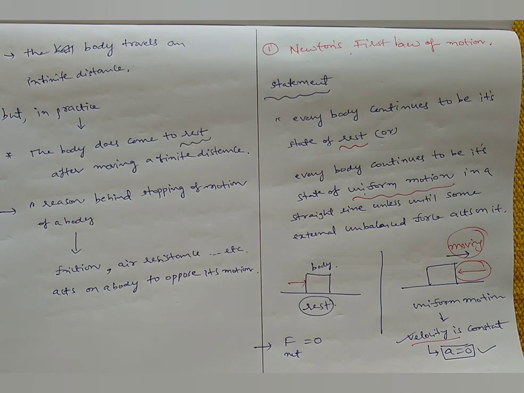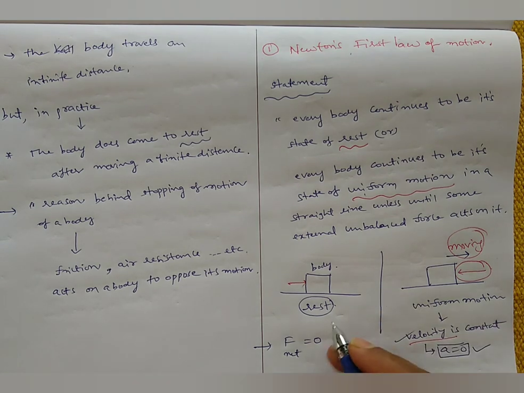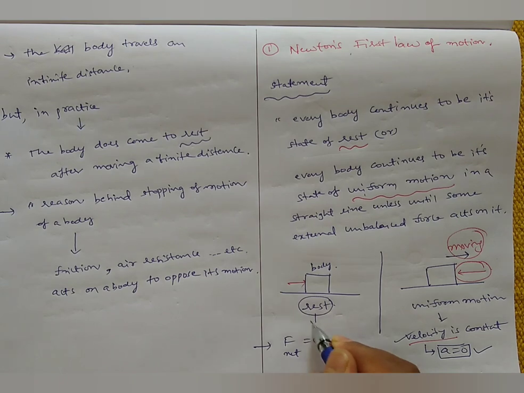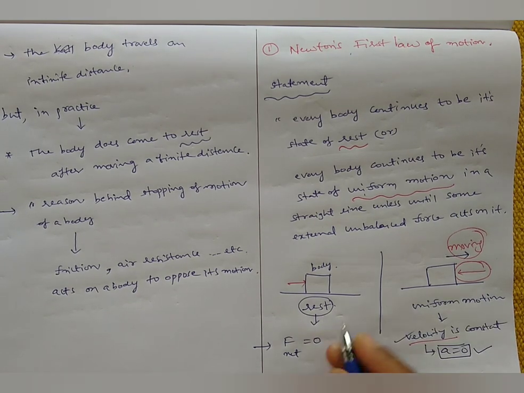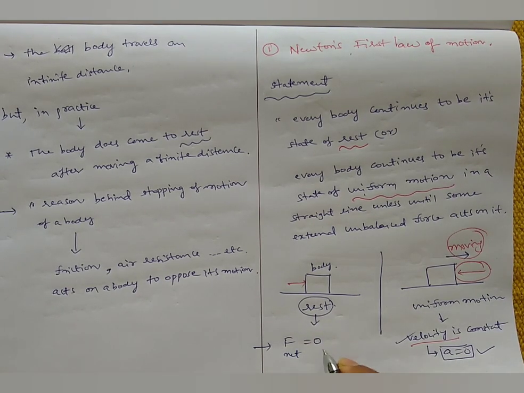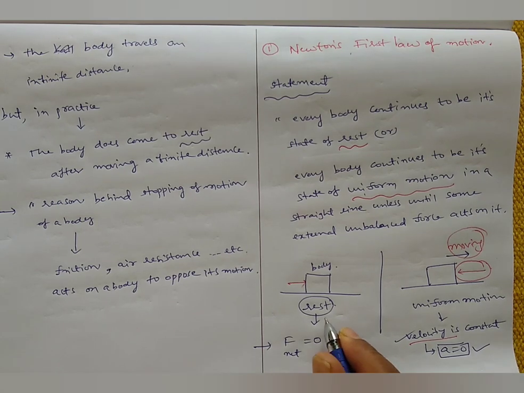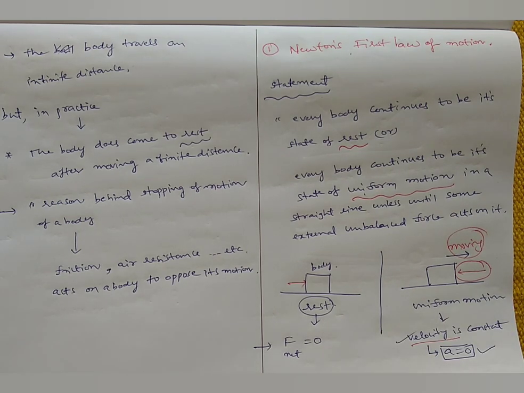Once you discuss the weight concept and the normal force concept and the friction force concept in next class, then you can realize that a body cannot be at rest without any net force acting on that body. So that's why the best way to say the state of rest of body is net force is 0. Net force is 0. Then you can say that the body is at rest.